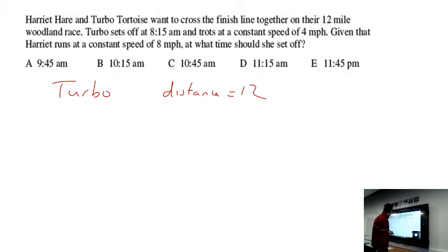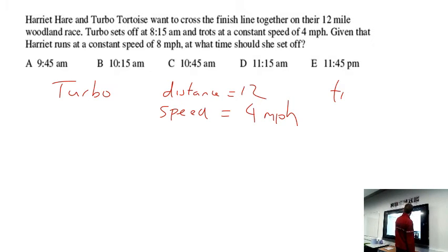Okay, and Turbo sets off at 8:15 a.m. and trots at a constant speed of 4 miles per hour. So the speed is equal to 4 miles per hour. Okay, so great. Let's look at the time of Turbo the tortoise. Let's call it t.